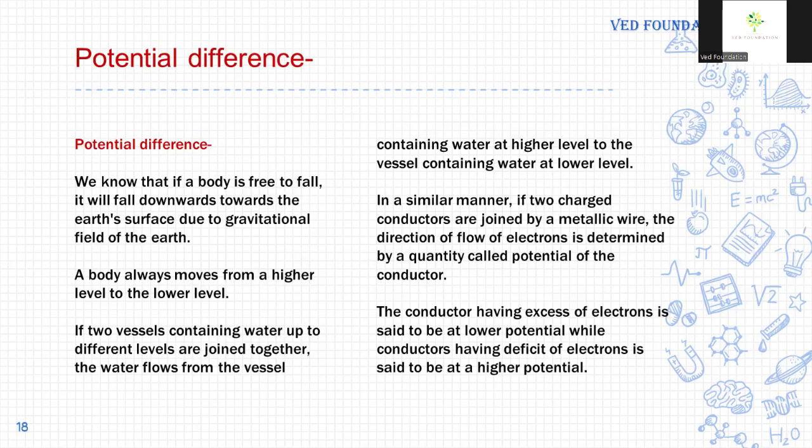In a similar manner, if two charged conductors are joined by a metallic wire, the direction of flow of electrons is determined by a quantity called the potential of the conductor. The conductor having an excess of electrons is said to be at lower potential, while the conductor having a deficit or smaller number of electrons is said to be at higher potential.